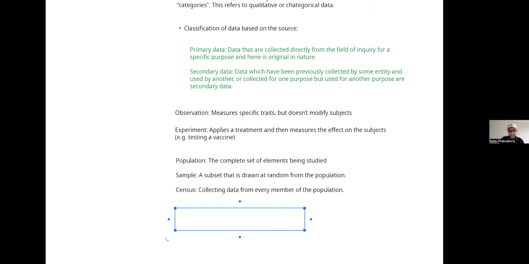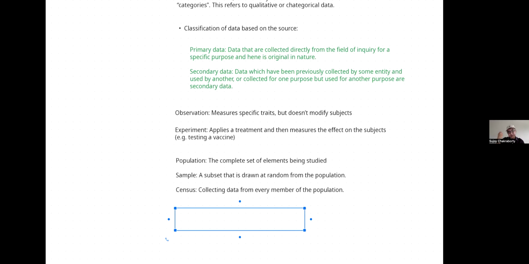Okay, so we want to estimate the parameter by computing the statistic, because very often we cannot collect data from every individual in the population, which is why in most situations we draw samples that we assume to be representative of the population.